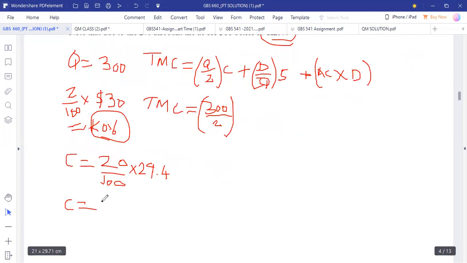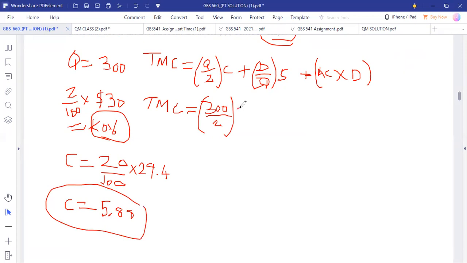So we're going to use 5.88 as our carrying cost. Okay, so this is only the carrying cost. As we substitute here, 300 multiplied by 5.88.